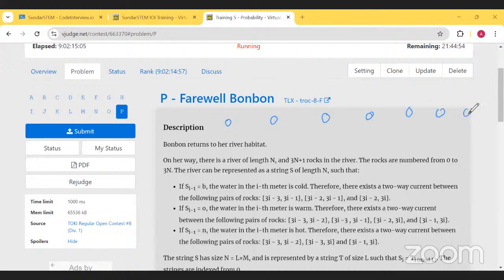There are 3n plus 1 rocks with index 0, and then 3, 6, 9, and so on until 3n. And then here, if the character in the string is b, then the pattern will be like this. Let's say this is node 1, this is node 2.